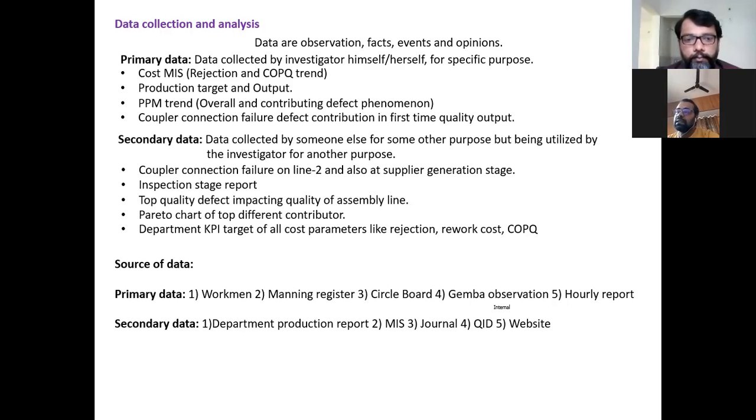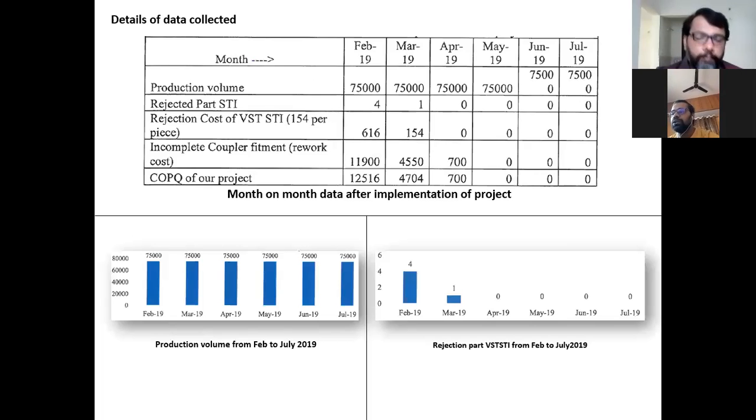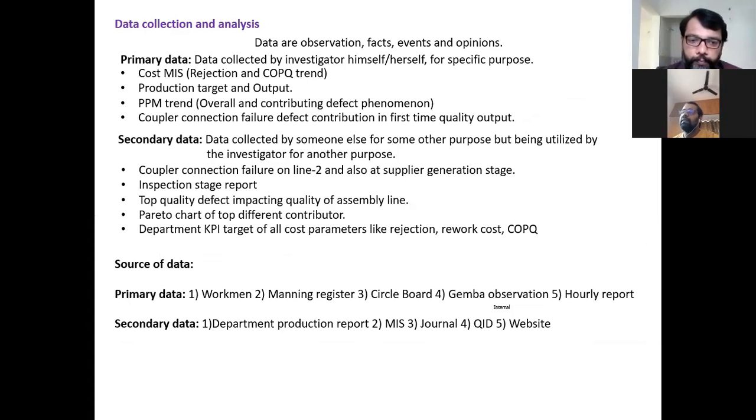These come under the secondary data which we have collected. The sources of data are the workman managing the register, circle board, Gemba observation, and hourly assembly line defect reports.